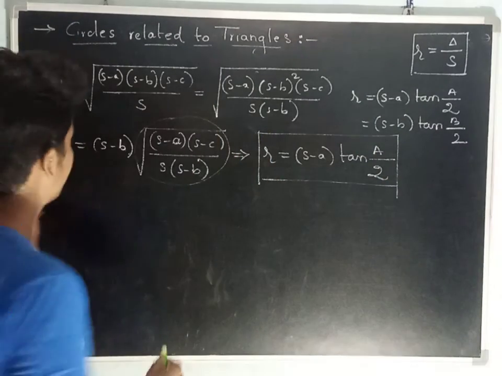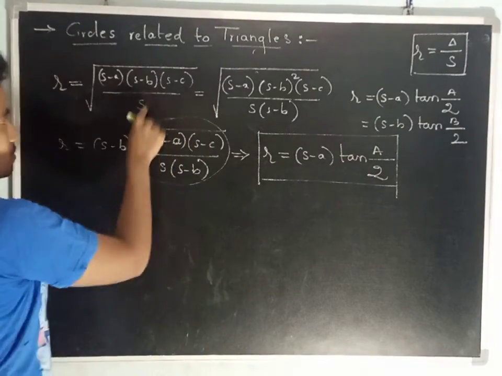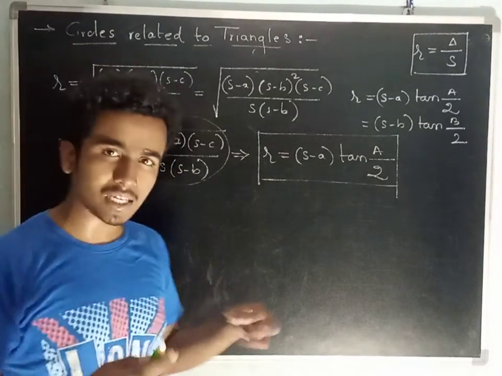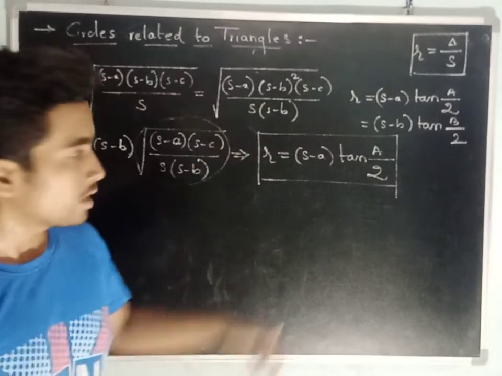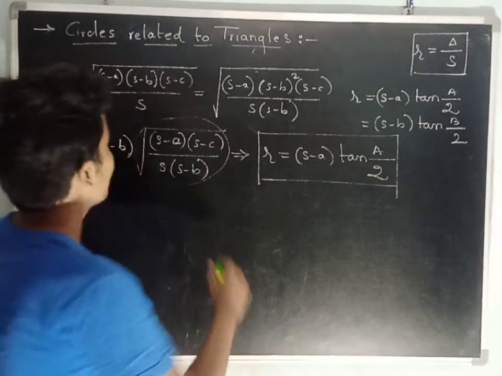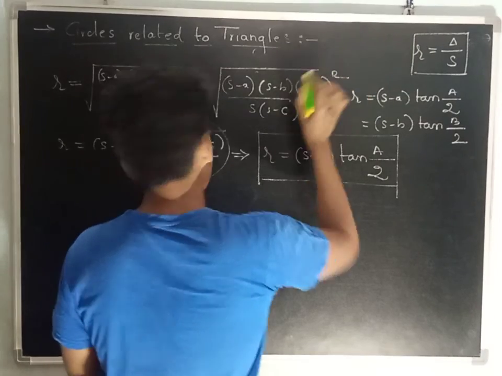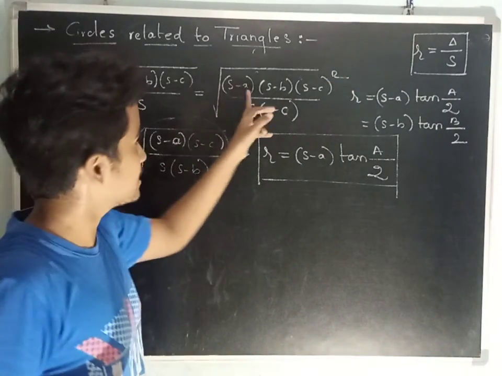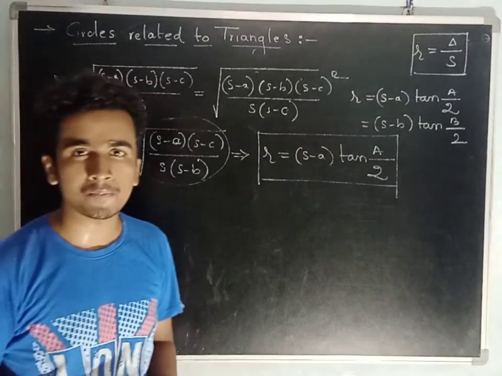Similarly, in the first case I multiplied the numerator and denominator with s minus a, in the second with s minus b, and in the other case I am going to multiply with s minus c, so that I get (s minus a)(s minus b)(s minus c) whole square by s(s minus c).